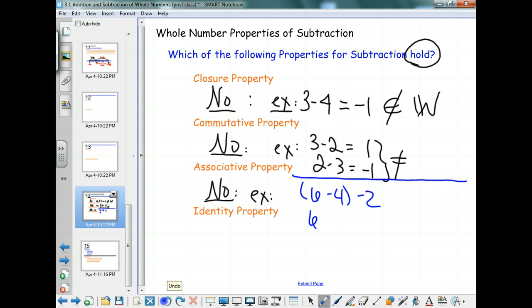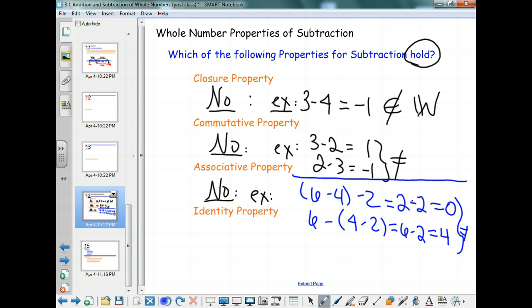But we're going to do the 6 in front and then minus, and then the 4 minus 2 here, right? So our question is whether or not when I regroup it this way, it works. All right, so 6 minus 4 is 2. So this is 2 minus 2, which is 0. On the bottom one, 4 minus 2, which is in the parentheses, is 2. So this becomes 6 minus 2, which is 4. And again, these are not equal. So no associative property for subtraction of whole numbers.